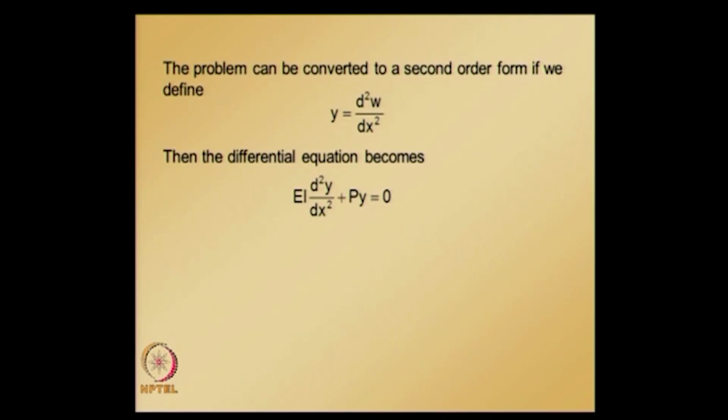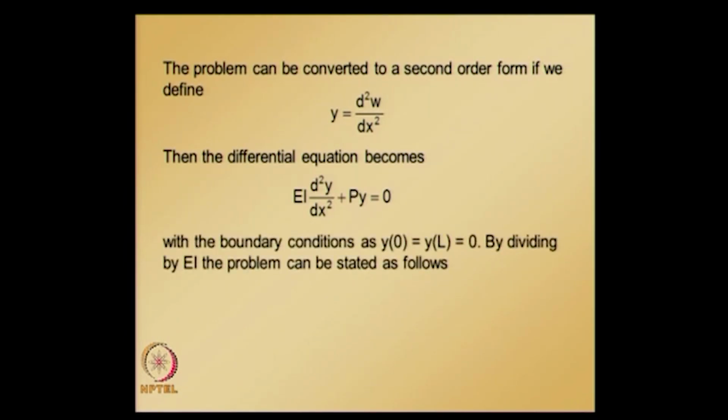Or this differential equation can also be rearranged and written in this manner, where boundary conditions are also indicated, y is equal to 0 both at x equal to 0 and x equal to L. So now we have the column buckling problem in the same form as the general one dimensional boundary value problem.